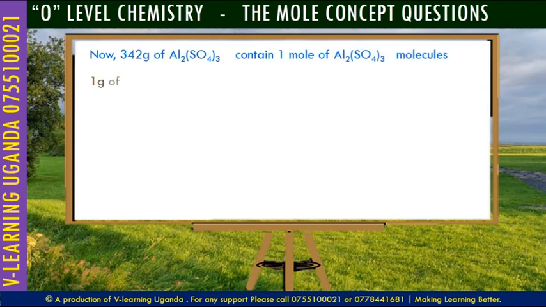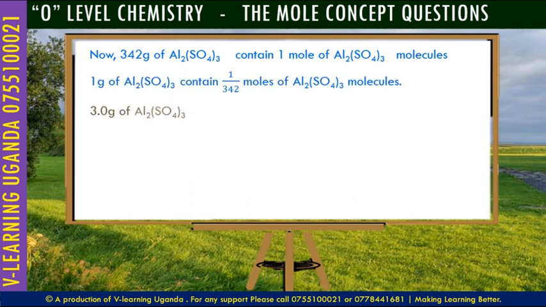Because they contain 1 mole, 1 gram of aluminum sulfate will contain 1 over the RFM moles of the substance. So 3.0 grams of aluminum sulfate will contain 1 over 342 times 3 moles of aluminum sulfate molecules.